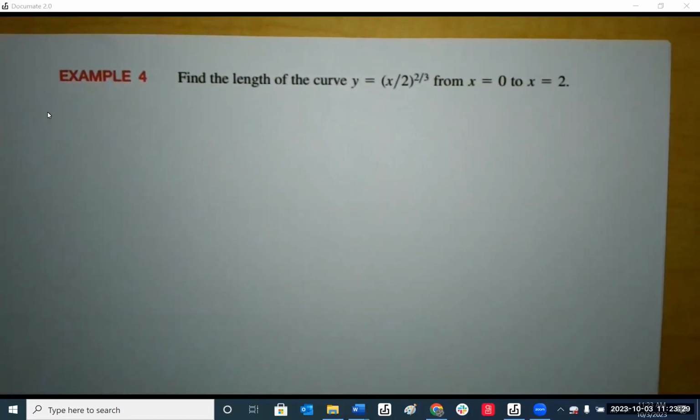Find the length of the curve y equals (x over 2) to the power 2/3 from x equals 0 to x equals 2.